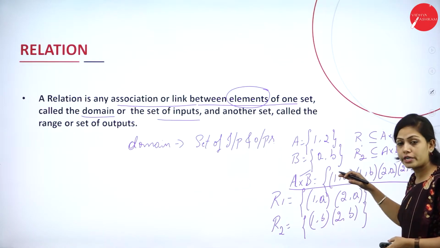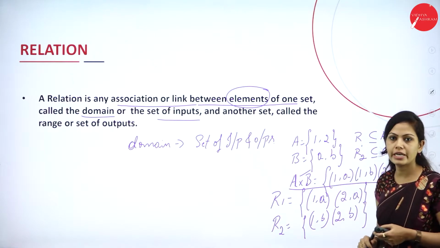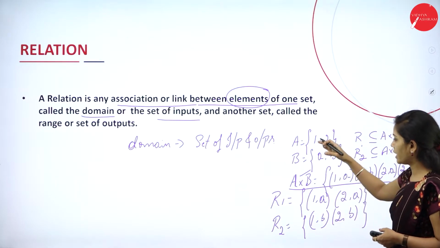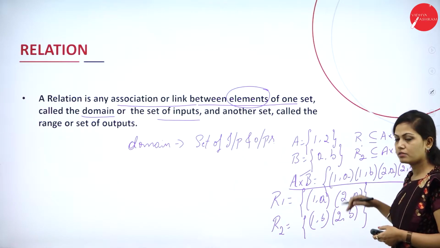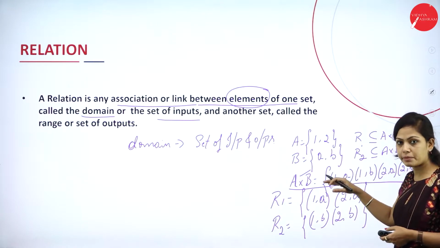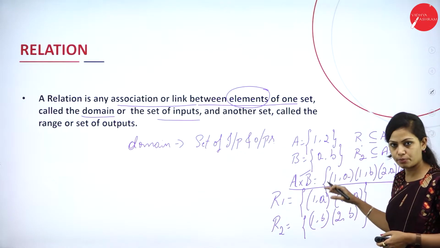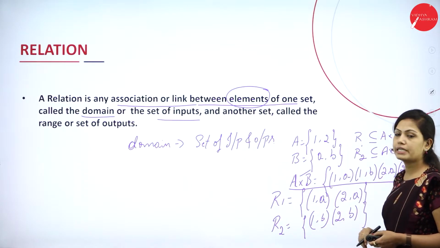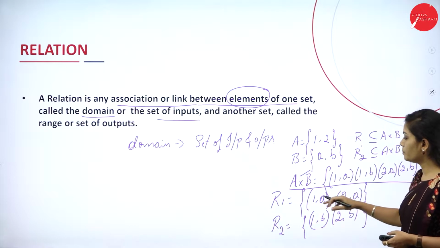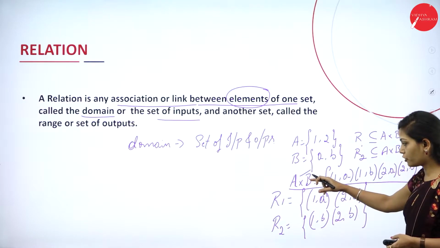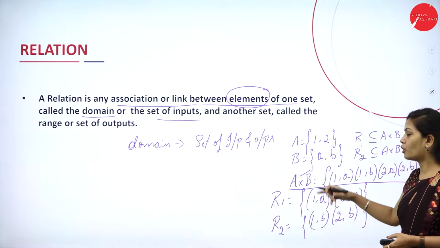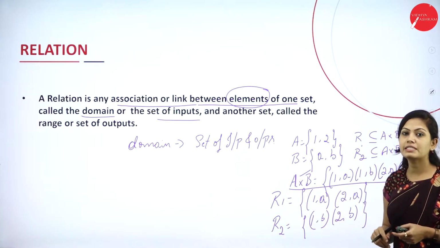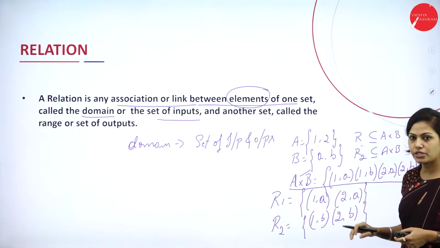So a set of ordered pairs satisfies the relationship. So this is about the relation. I already explained the meaning of subset in the previous session. So this is about relationship.